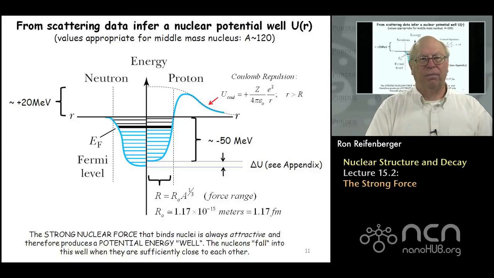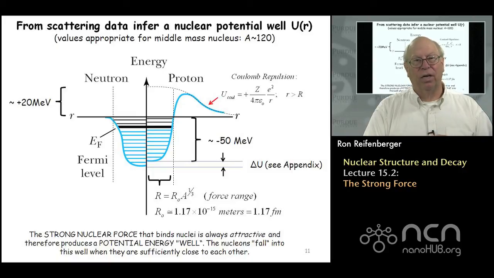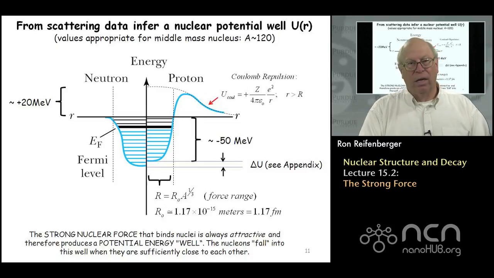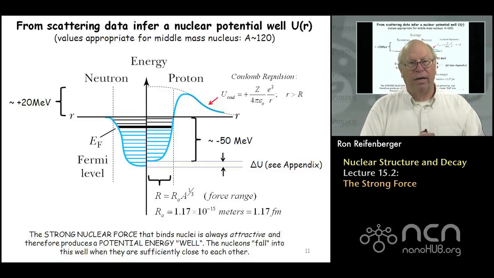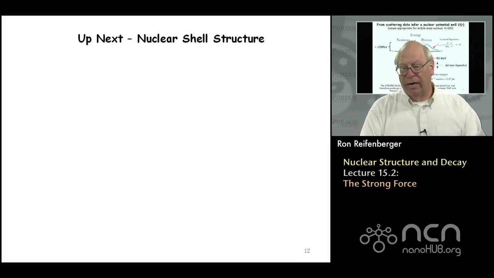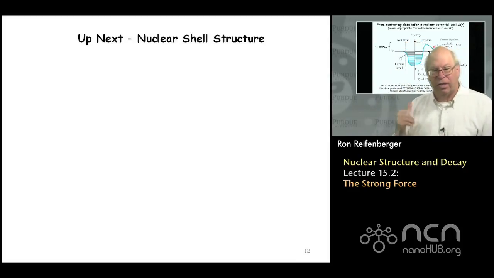Qualitatively, there are a lot of similarities, but there are fundamental differences between the two systems, and we'll take that up in the next lecture. So that's all I have to say about this particular topic. Come on back and we'll talk about the allowed energy states in these nuclear potential wells.